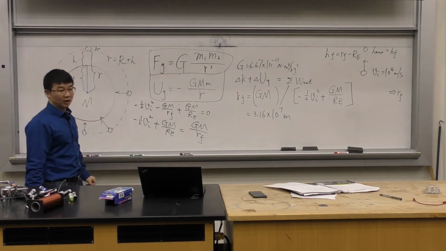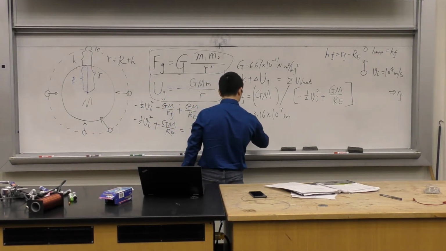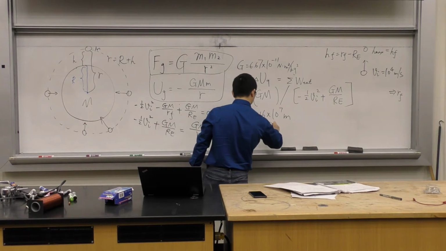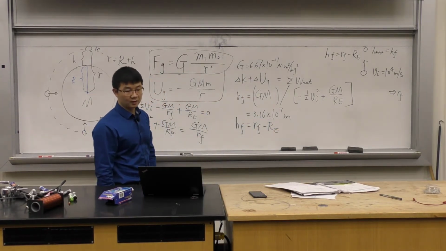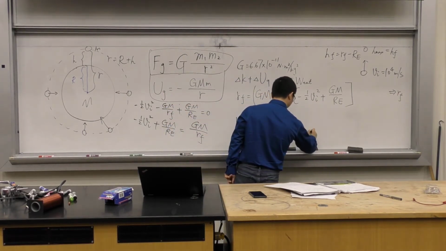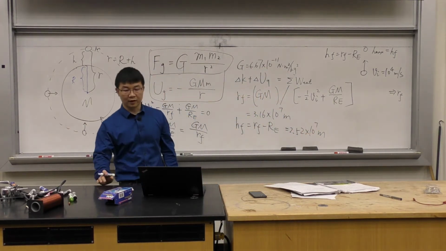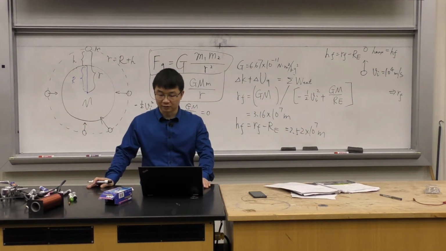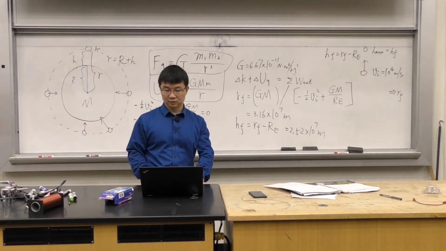The problem says, I want the height. Subtract the radius of the Earth from it. That's going to be C. C is the right answer if the problem asks for the height, only the height, not the distance from the center. Okay? So this is this problem.